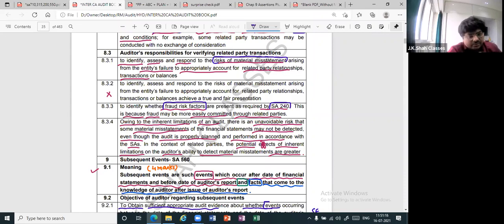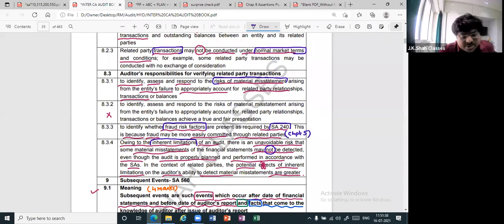We have done this in SA 240, chapter number 5. If you want to revisit it, just write down chapter 5 for reference. And obviously, owing to the inherent limitations of auditing, there is unavoidable risk that all the material misstatements will not be detected, even with respect to related parties.